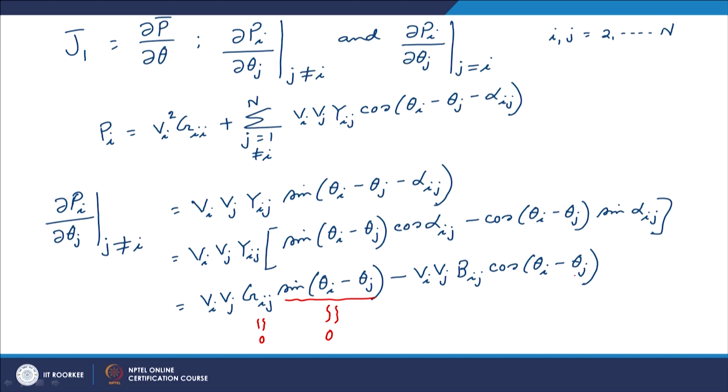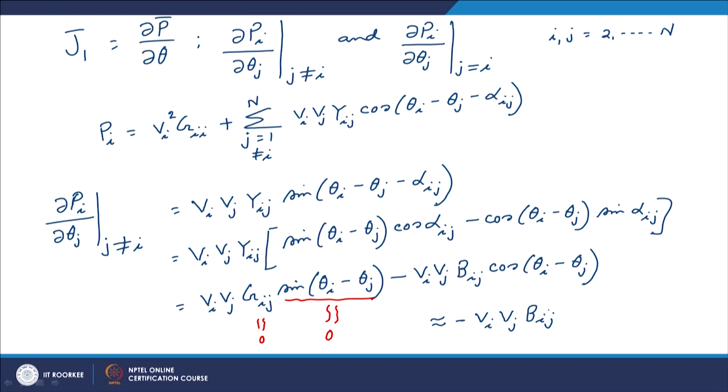Because this is very small, the entire term vanishes. So, what we are left with is almost equal to Vi Vj Bij. What assumptions have we taken here? We have taken the assumption that theta i minus theta j is almost equal to 0. Therefore, cosine of theta i minus theta j would be almost equal to 1, so we make it unity.